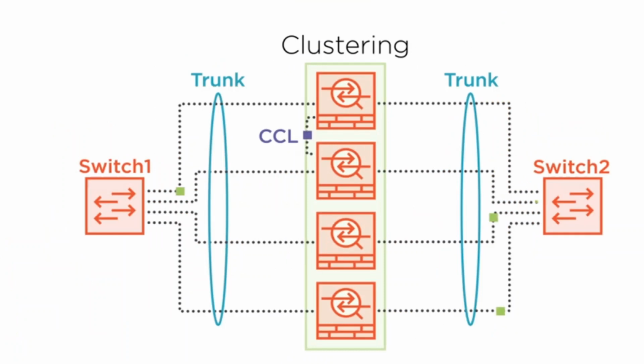And the links between the switches and the ASAs can operate as a multi-chassis EtherChannel. So this is just one big link, and we might configure this as a trunk and do the same thing on the other side.